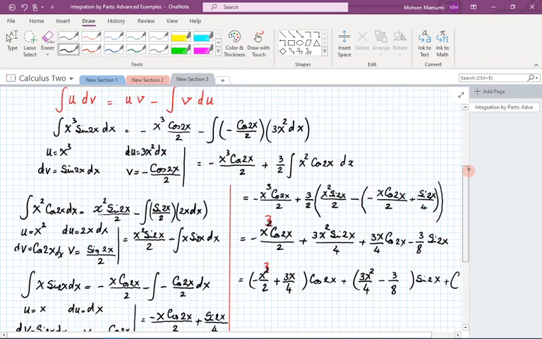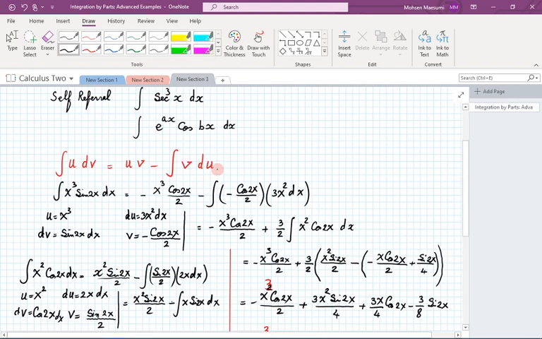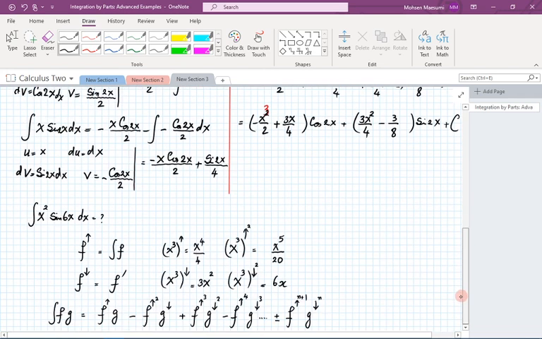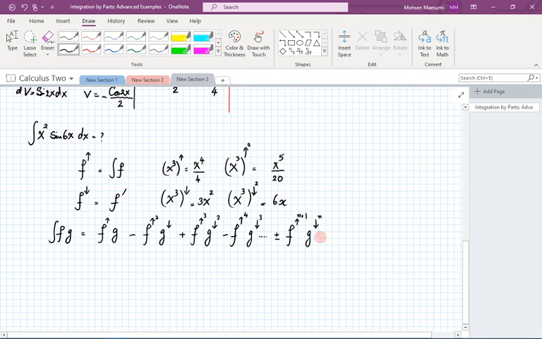The last term is just going to be the last integral here. So the sign is going to flip one more time, so minus and plus perhaps, and inside the integral we are going to have f up n plus 1 and g down n plus 1.